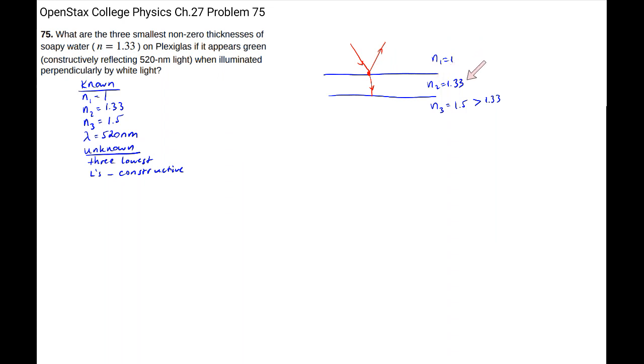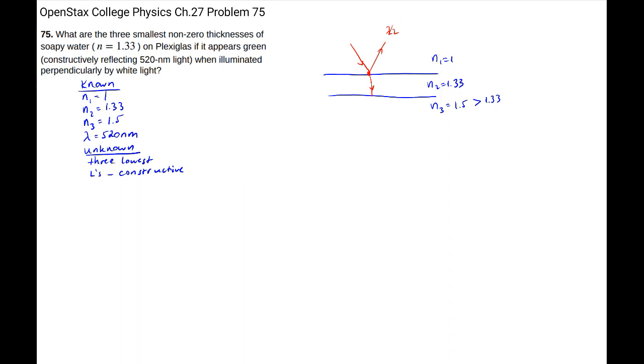In this case, since we're going from 1 to 1.33, there will be a lambda over 2 path length difference, or a pi phase shift. So the phase shift between the incident beam and the reflected beam off the top is pi, or there's a path length difference of lambda over 2.